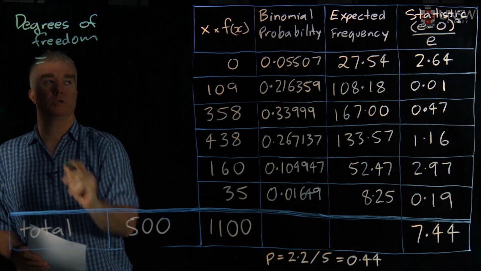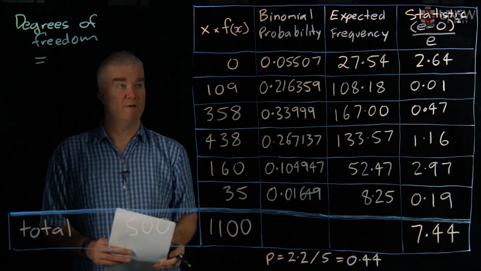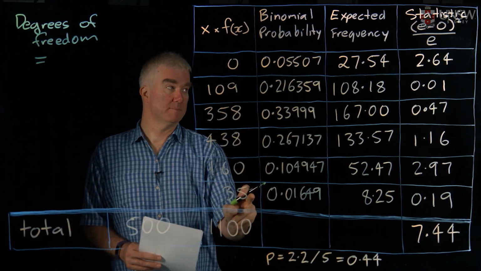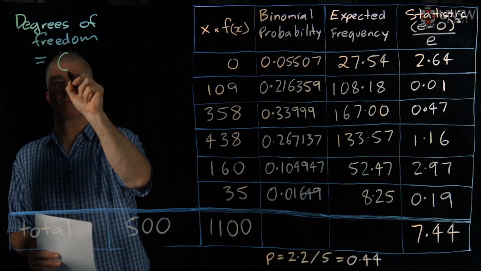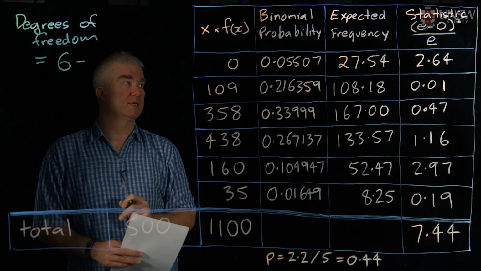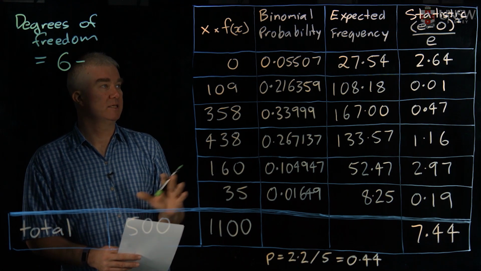This is equal to the number of cells we have, which is 1, 2, 3, 4, 5, 6, minus the number of parameters that we used to calculate these values.